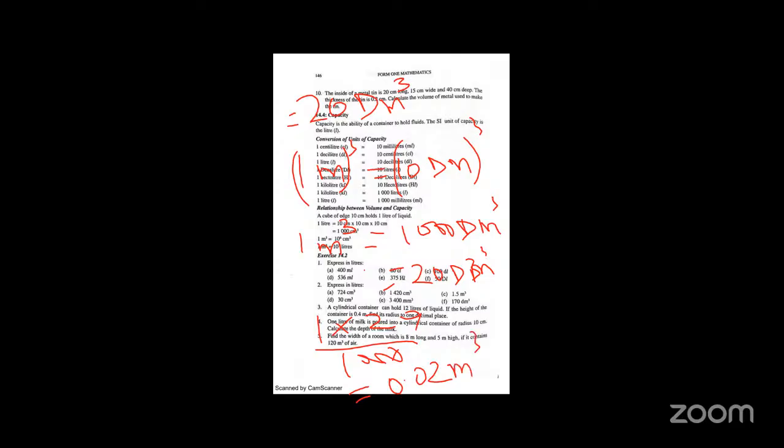Then, when we convert this into liters, we have that 1 cubic meter is equivalent to 1,000 liters. How about 0.02? When you cross multiply, you simply have 0.02 times 1,000 liters, whereby we get 20 liters as our solution in that case.